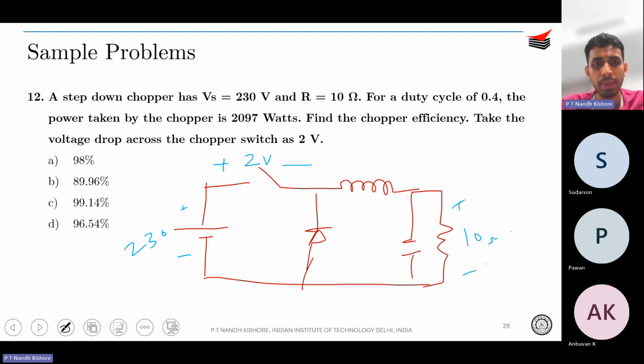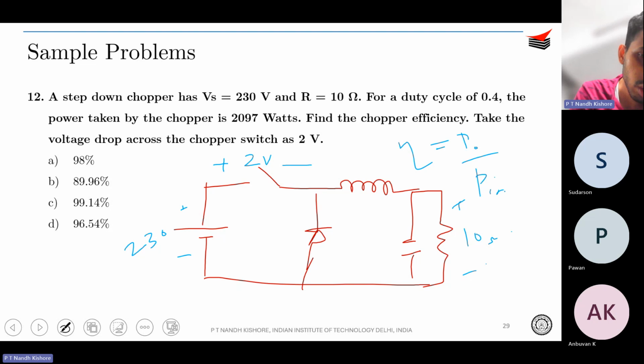What is the power taken by the chopper? It's the input power, which is 2097 watts. This is a simple question. Efficiency means P naught by P in, V naught I naught by V in I in. Just do this and you will get the answer.